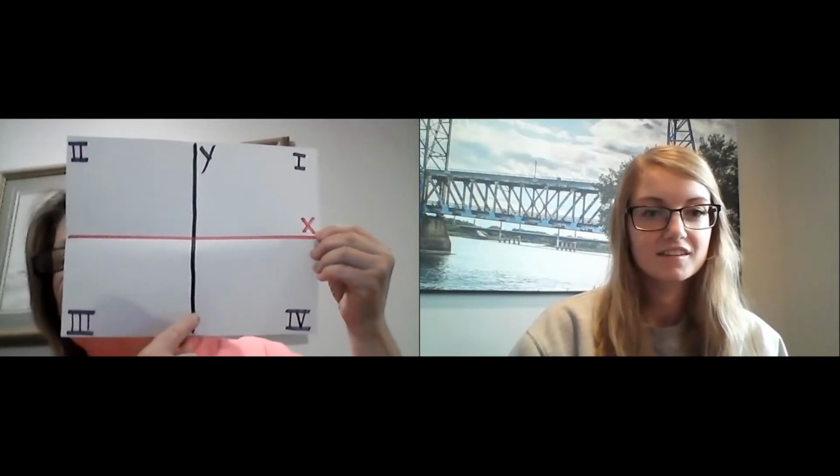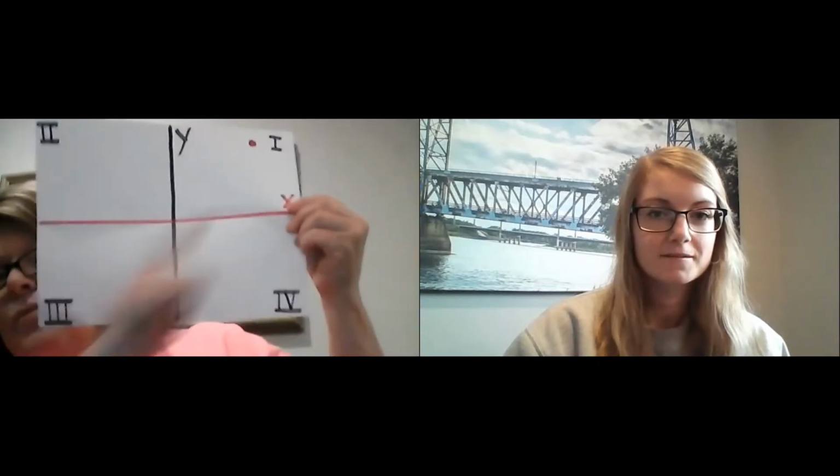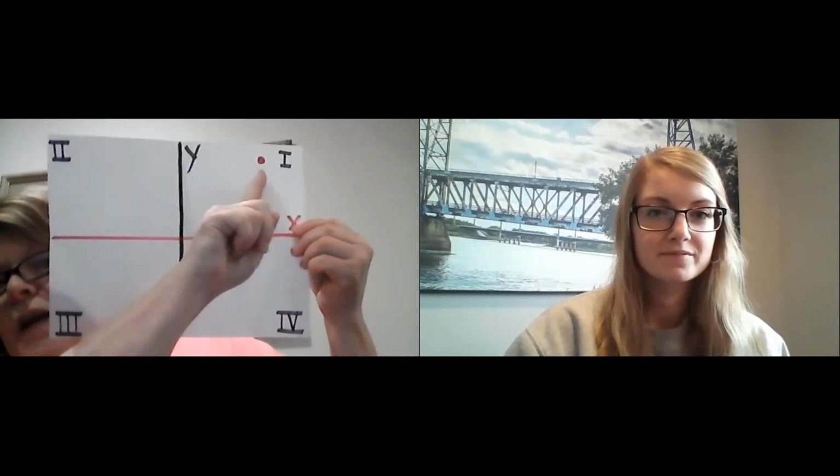So I'm going to draw a point on this coordinate graph. And let's see, I want to go right here. This looks like a good spot. So I drew a point in quadrant 1, right up here. All right. Now I have a choice.